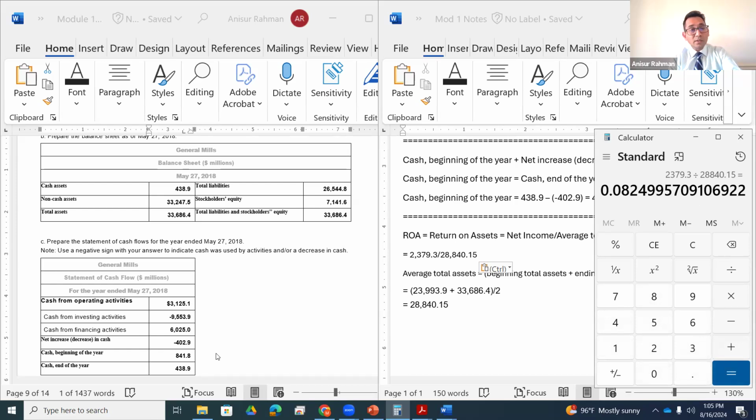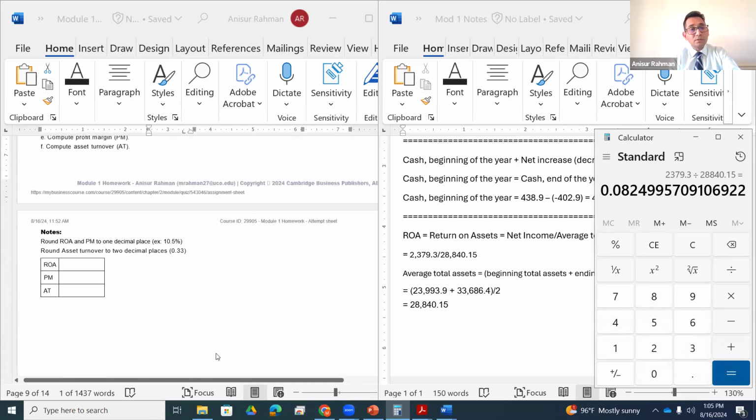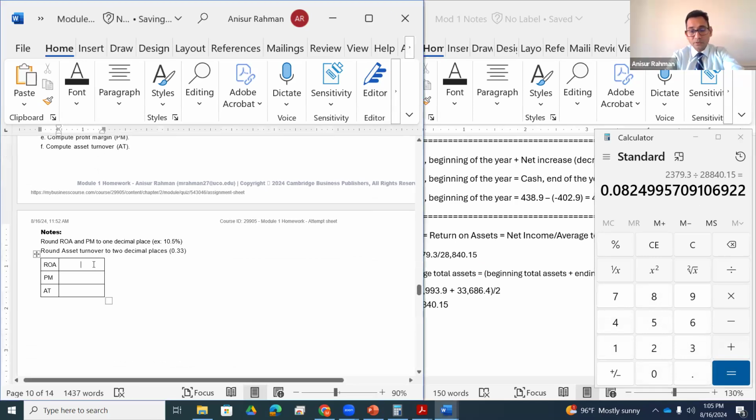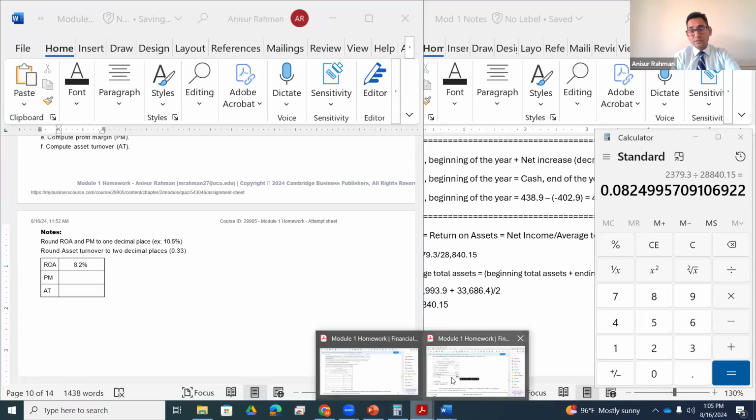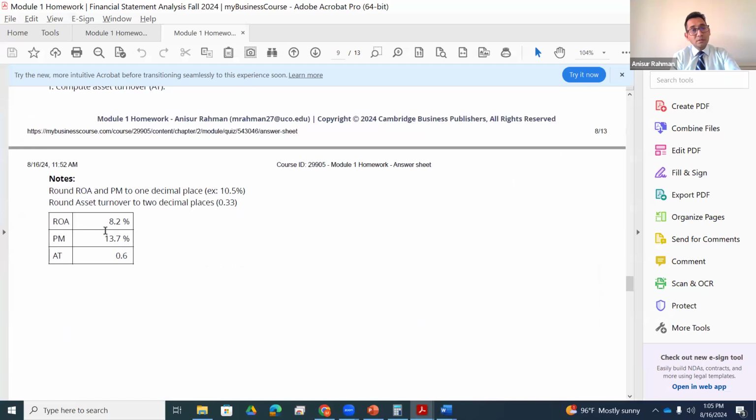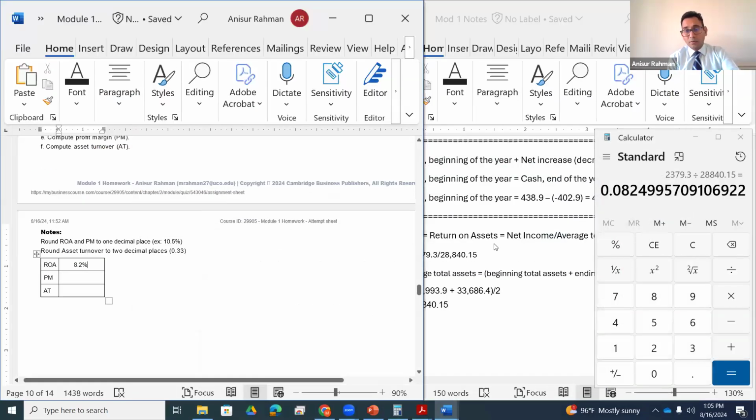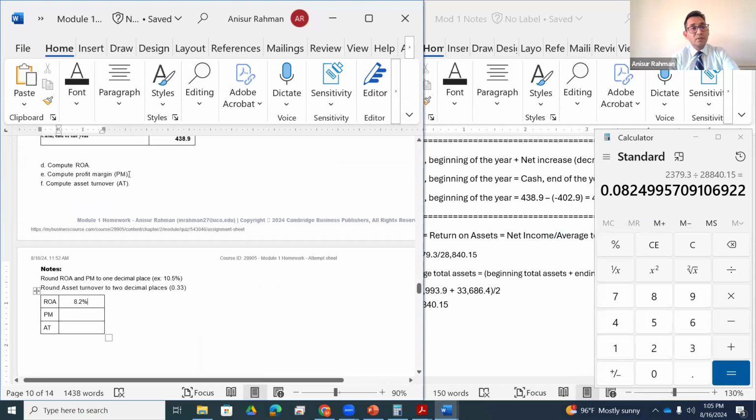It is asking us 1 decimal place. So it should be 8.2%. Okay.